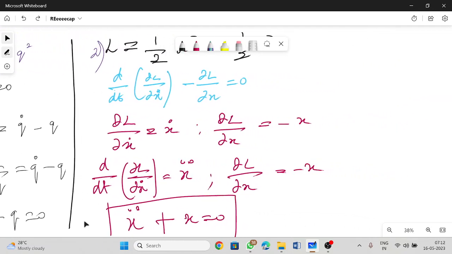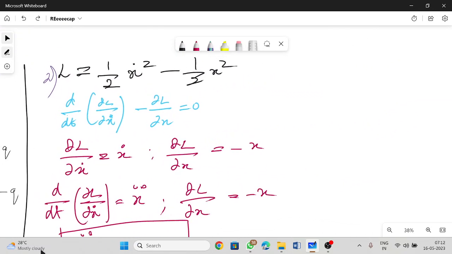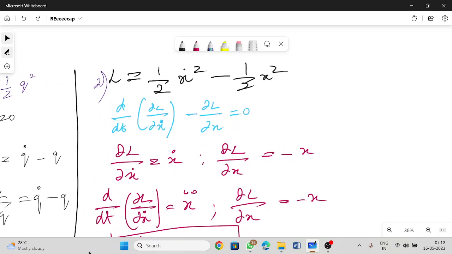And the second problem which we have is L is equal to 1/2 x dot square minus 1/2 x square. There are no constants involved, we have a 1 by 2 in both the terms, right? And here we have d by dt of dou L by dou x dot and dou L by dou x, because we have x as a generalized coordinate and x dot as a generalized velocity.